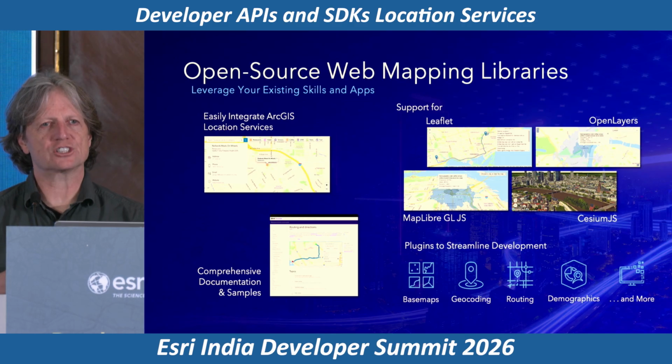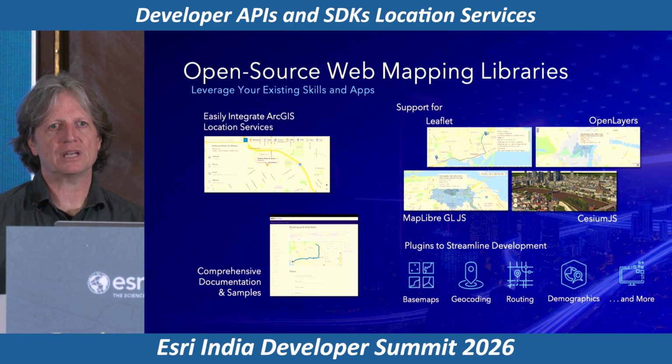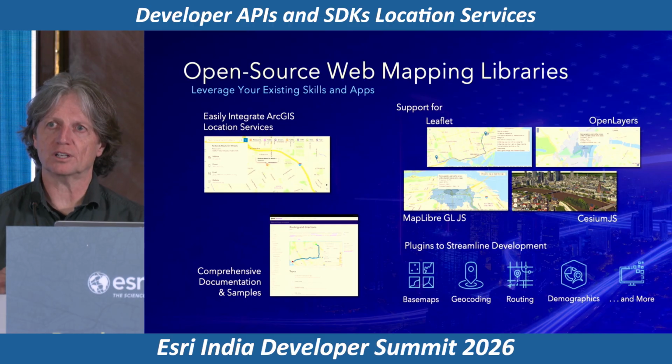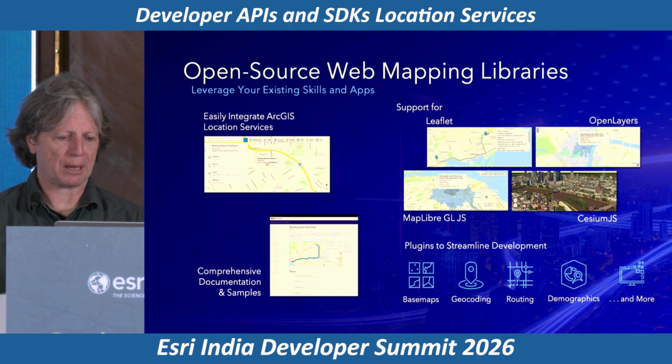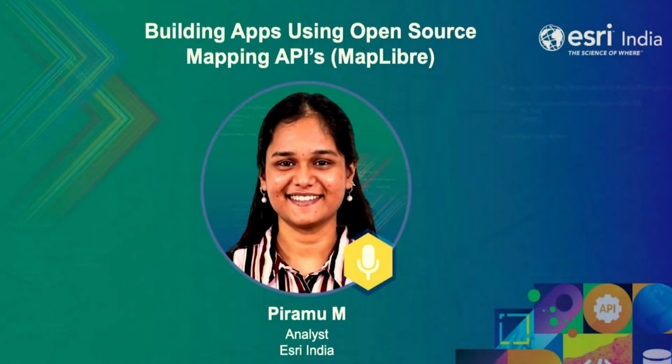And what we're seeing is a general trend that developers, if available, would prefer to use an ArcGIS plugin for their open source library, a plugin that optimizes the use of ArcGIS, makes it easier, but also makes it more performant when you're working with open source mapping libraries. So to show us some of the new capabilities within the MapLibre open source mapping library, I'm going to pass it over to Piramu.